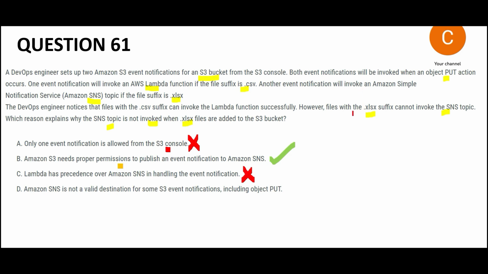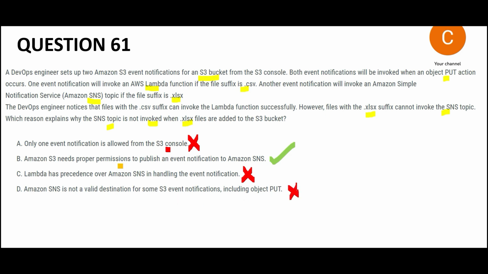It is similar to someone saying, if you have not passed your engineering from Indian Institute of Technology, IIT, then you will not get a job. That is not true. D is saying that if events happen, you can invoke lambda, but you cannot invoke SNS topics, which is not correct.